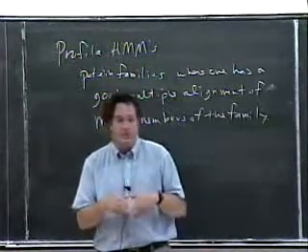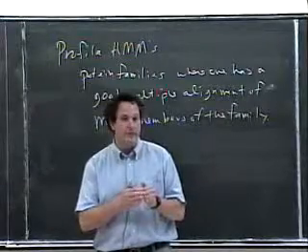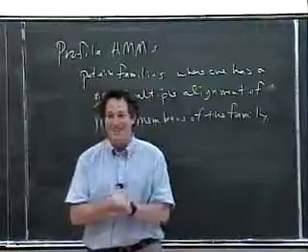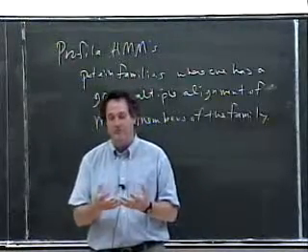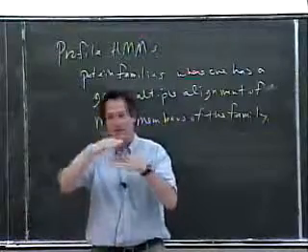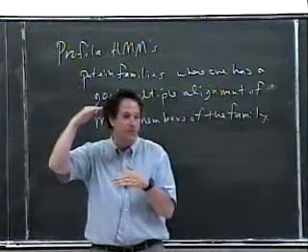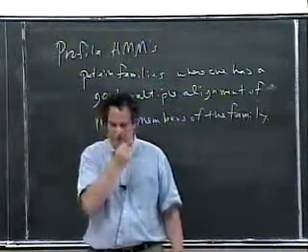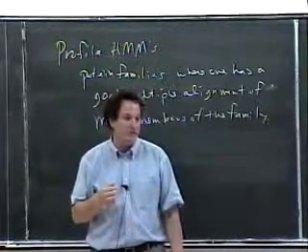PSI-BLAST is a much more naive approach, because you do a BLAST search and you get all these sequences. You don't really know that they're related to your query. It's just the first guess of BLAST in the first case.